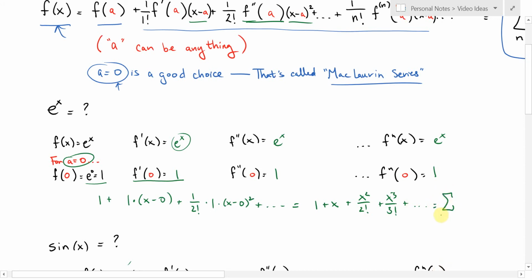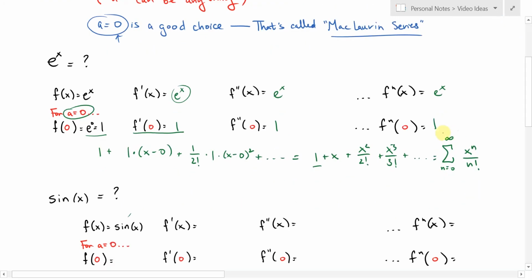It's the sum as n runs from 0 to infinity of x to the n over n factorial. And 0 factorial is defined to be 1, and x to the 0 is of course 1, so that takes care of my first term here. So that's the power series for e to the x, and yes, it does converge to the function e to the x. E to the x is an example of a very nice real analytic function, so we don't have to worry about that issue.